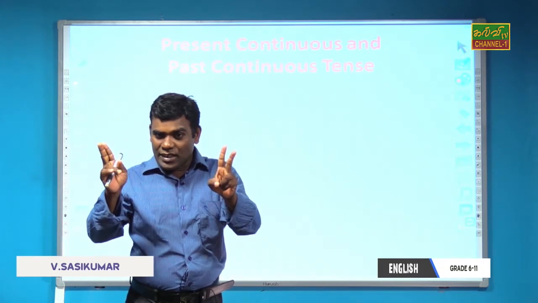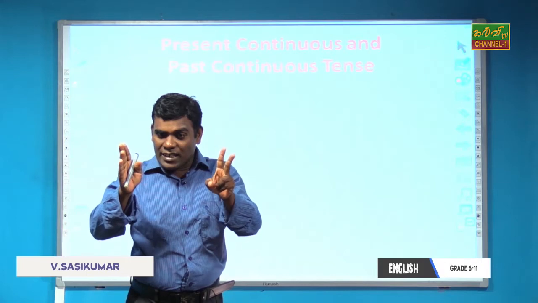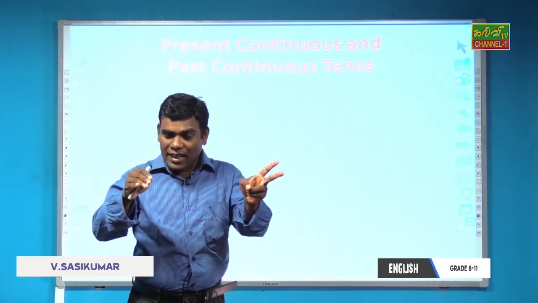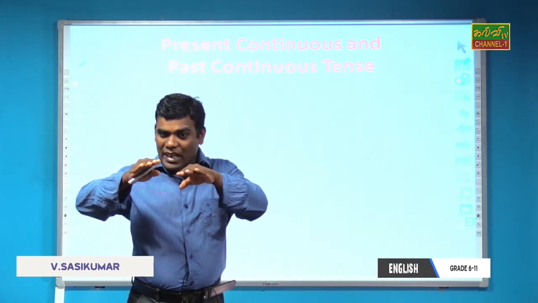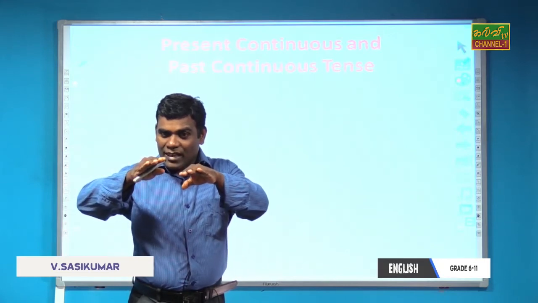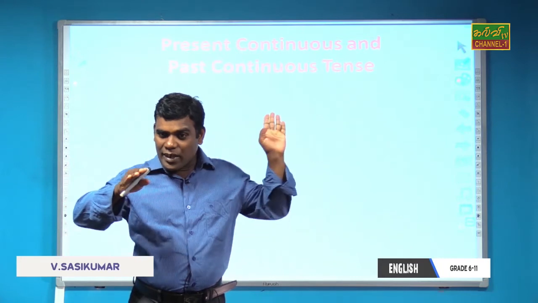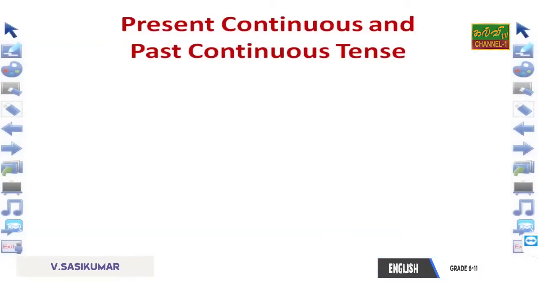You want to see what is the structure and what is the formula I have taken here. Now you can see, look at the board. That is a thing, present continuous and past continuous. Those are two ways.